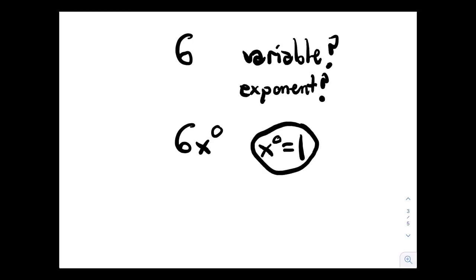Any number or variable raised to a power of 0 is always 1. And when 1 is being multiplied by a coefficient, you have a choice of whether you want to write it down or not. So it actually is easier when a monomial has a coefficient being multiplied by 1 because you don't have to write down the variable.